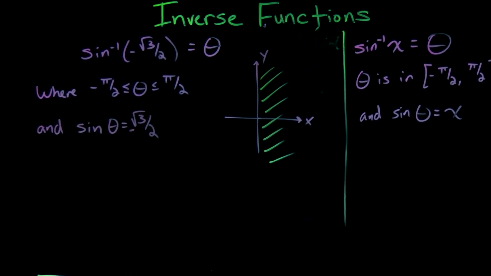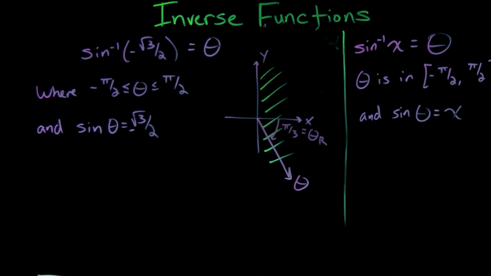Because, again, the sine value of our output has to be the input of the inverse sine. Okay, so since the sine of theta is negative, that tells us we have to be in the fourth quadrant. Since the sine is negative square root of 3 over 2, that tells us our reference angle is pi over 3.